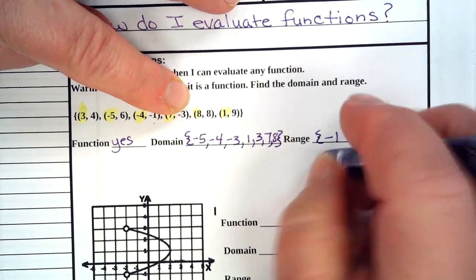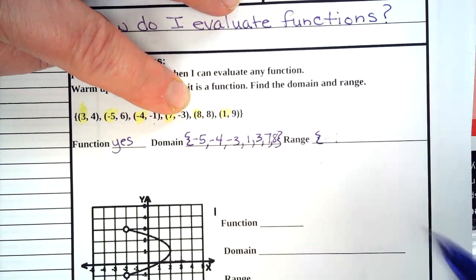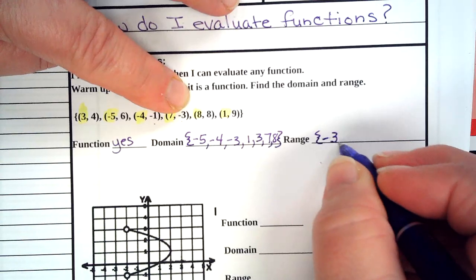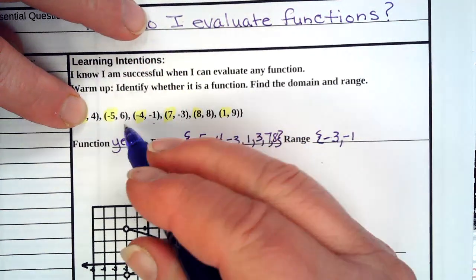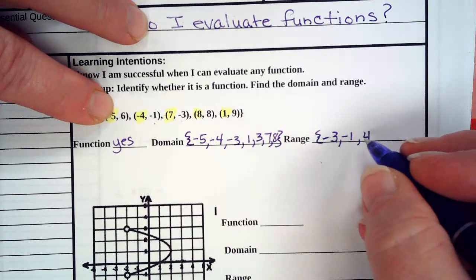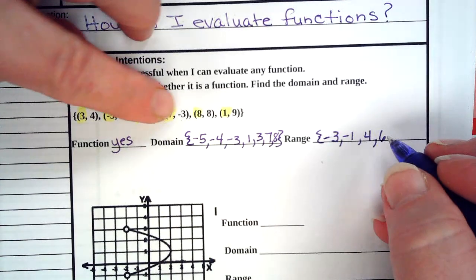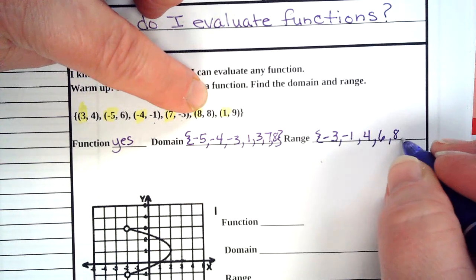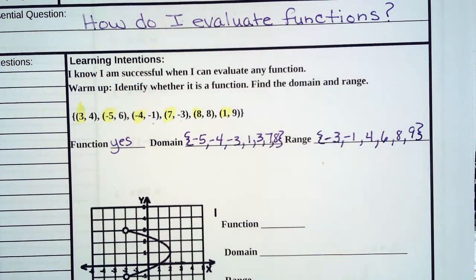Nope, -3, -1, 4, 6, 8, and 9. So that's the domain and range. It is a function because your inputs do not change.